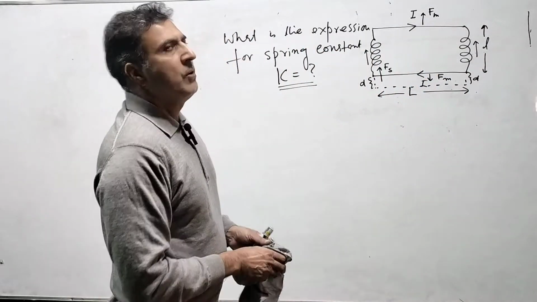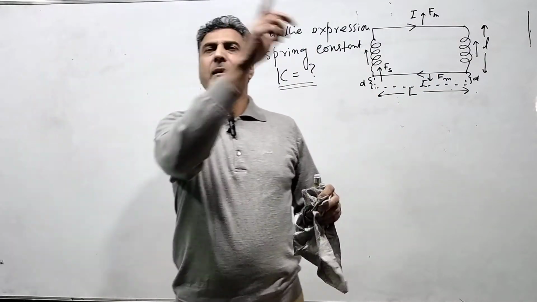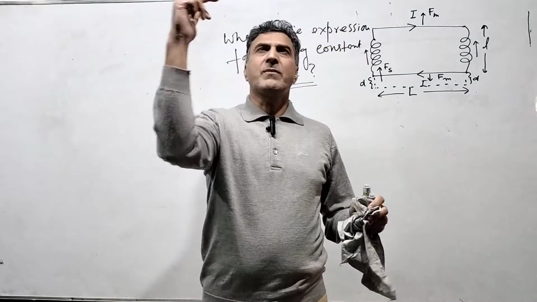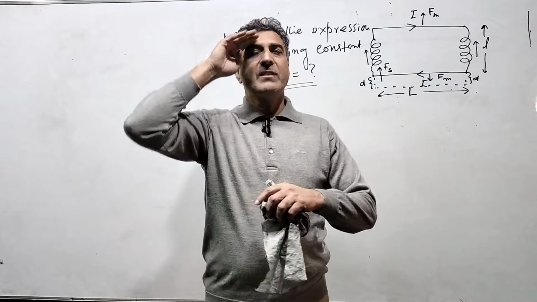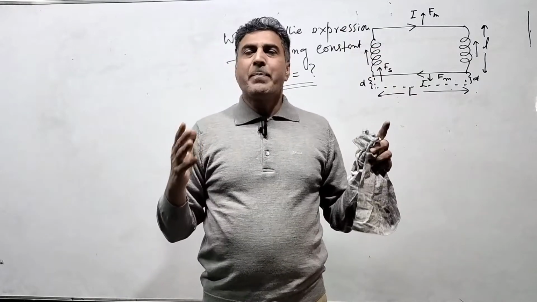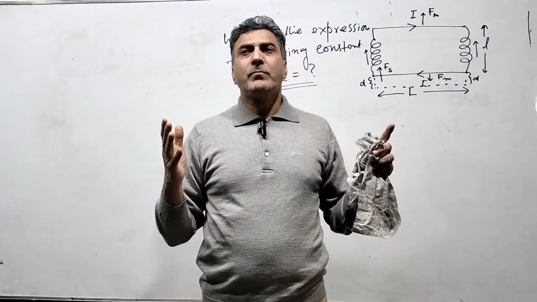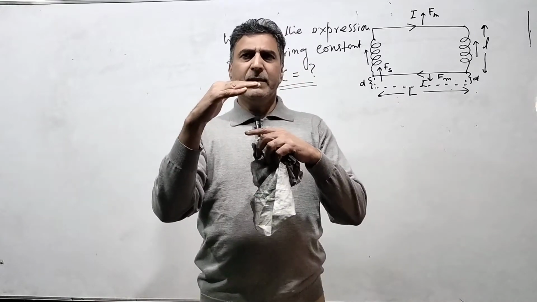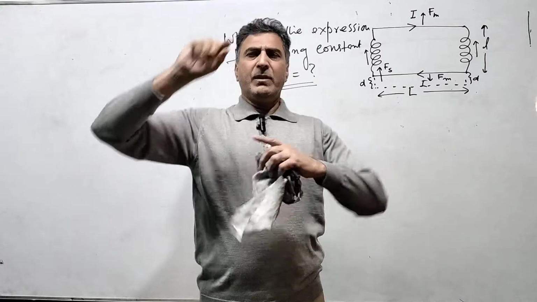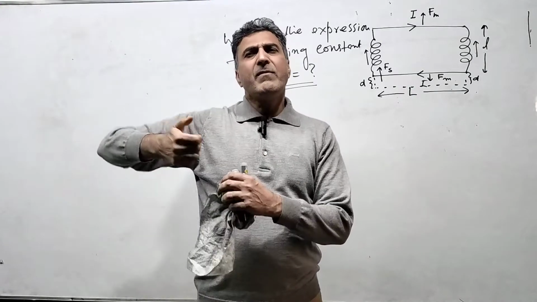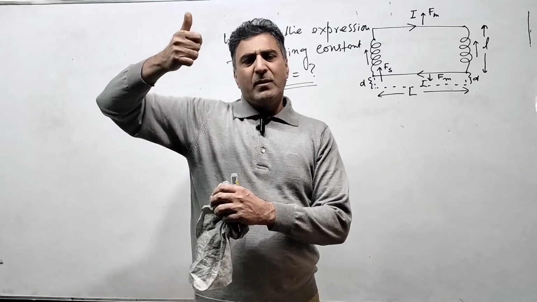That's the problem. Two current carrying conductors, the current is in this direction from here, and from here in the opposite direction, so they will repel away each other. They are connected through two springs, and the repulsive force will stretch the springs apart, and that will create a restoring force.